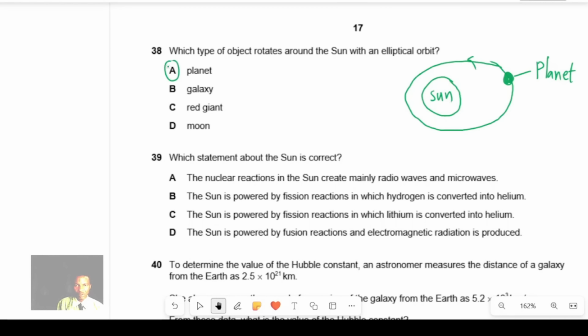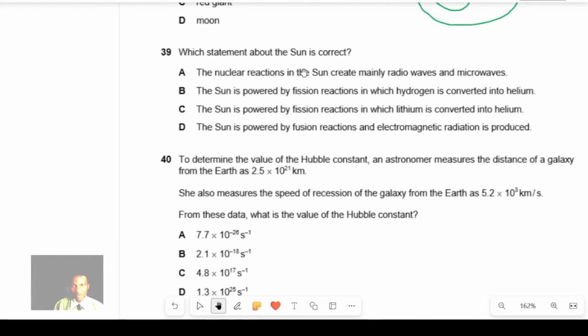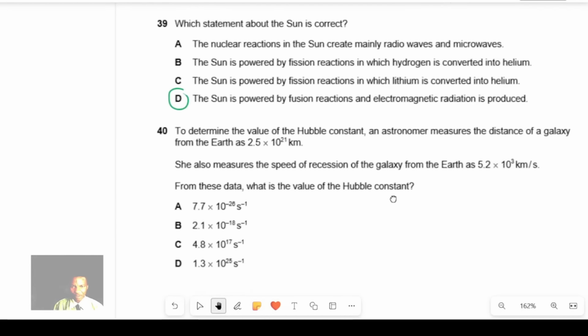Question 39: which statement about the sun is correct? The sun is powered by fusion reaction and electromagnetic radiation is produced.